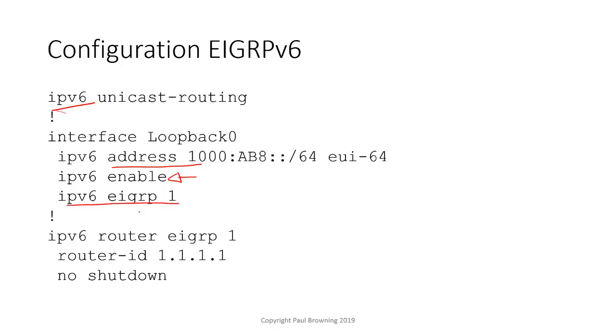Your configuration under the interface, IPv6 EIGRP 1, and then your global. You've created your IPv6 router EIGRP 1 and your 32-bit router ID. But you can see I've actually done my configuration under the interface to put this network into autonomous system number 1.